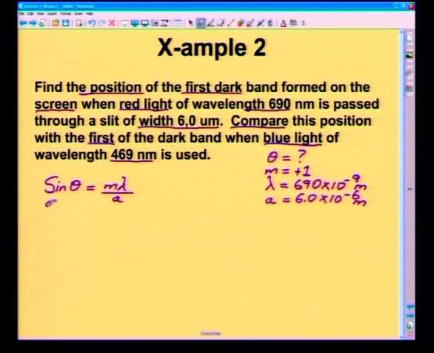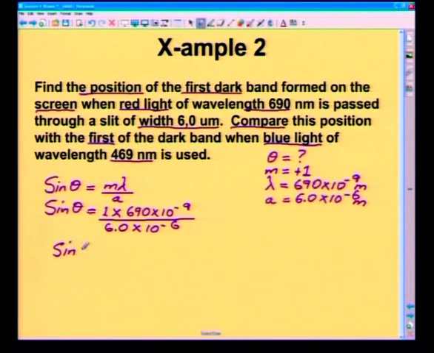We begin to substitute now. m we are told is the first one, so it's 1 times the wavelength for red light, 690 by 10 to the power minus 9, and then we divide by the slit size, that is 6.0 by 10 to the power minus 6.